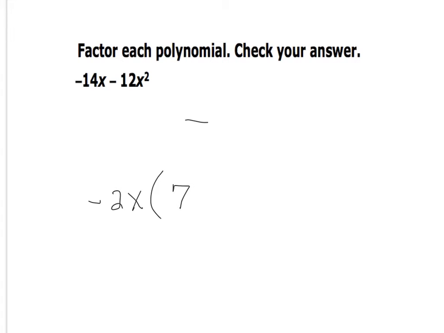And down here there is a 2 times a 3 times an x left. So now notice I factored out the negative. So since I factored out the negative, we're going to have a plus 6x.